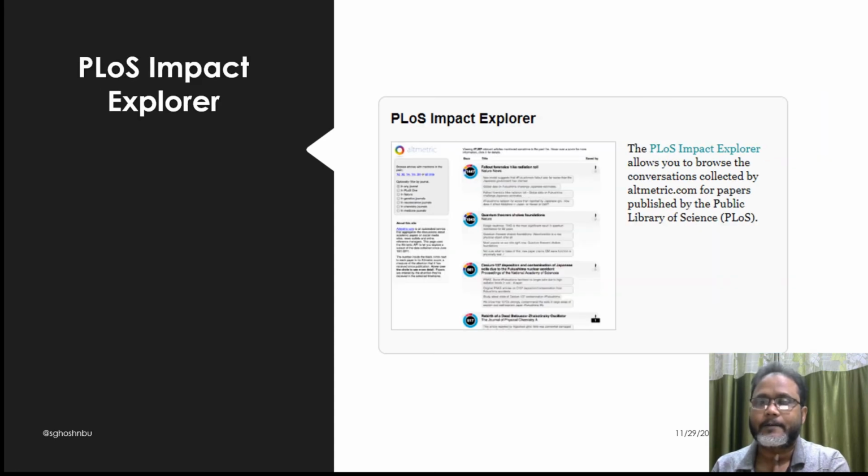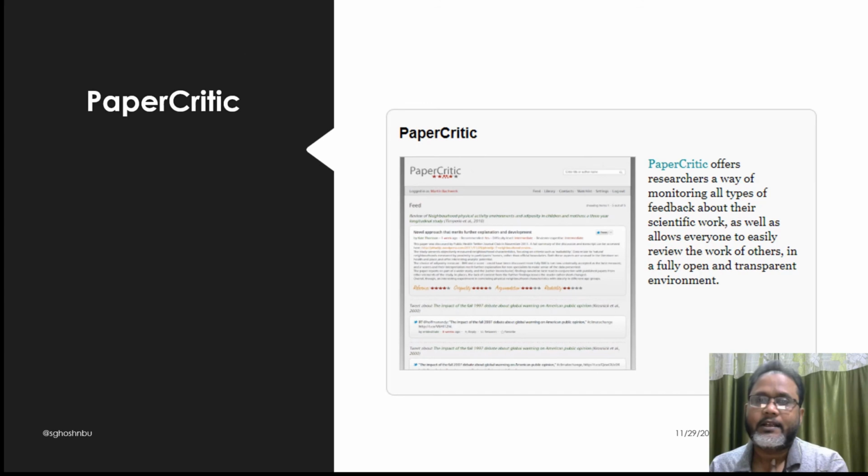The PLOS Impact Explorer allows you to browse conversations collected by altmetric.com for papers published by the Public Library of Science. This is PLOS, Public Library of Science. Paper Critic offers researchers ways of monitoring all types of feedback about their scientific work.